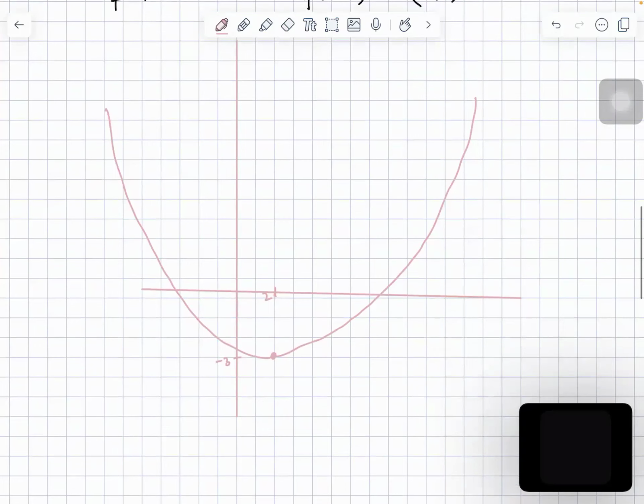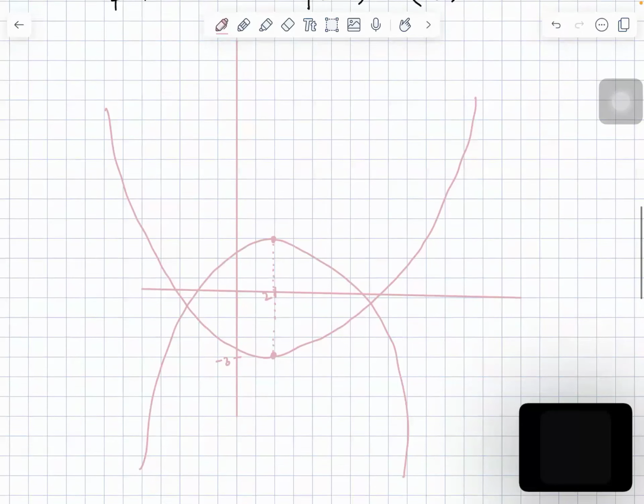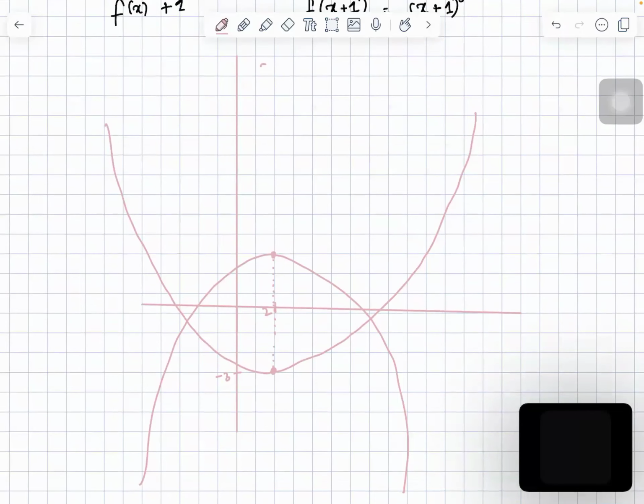When I want to reflect it, I trace this point to +3 and I make it a maximum point. This is reflection.